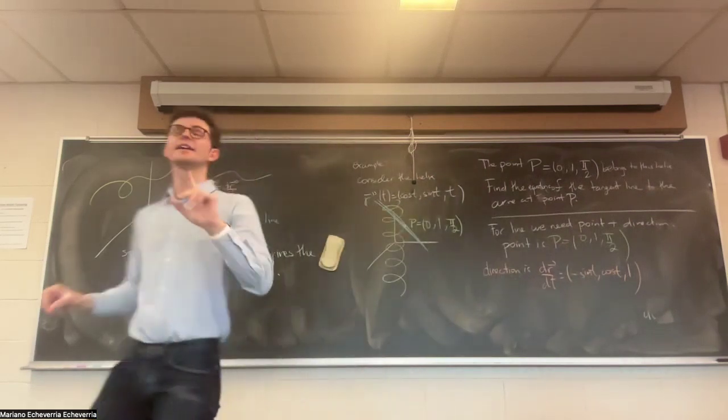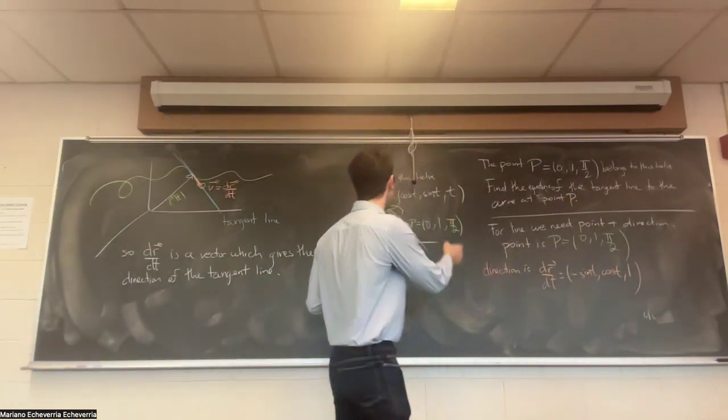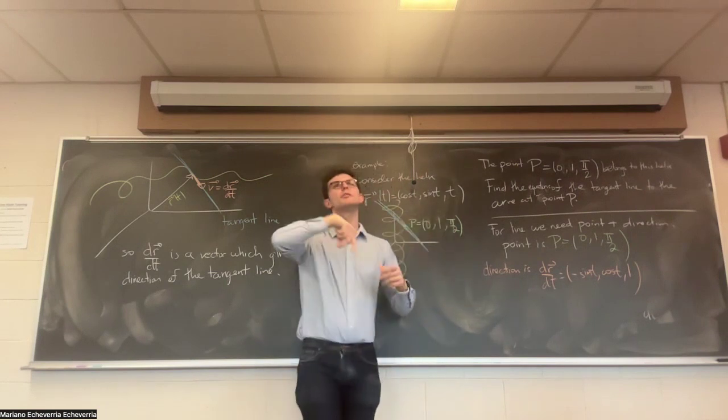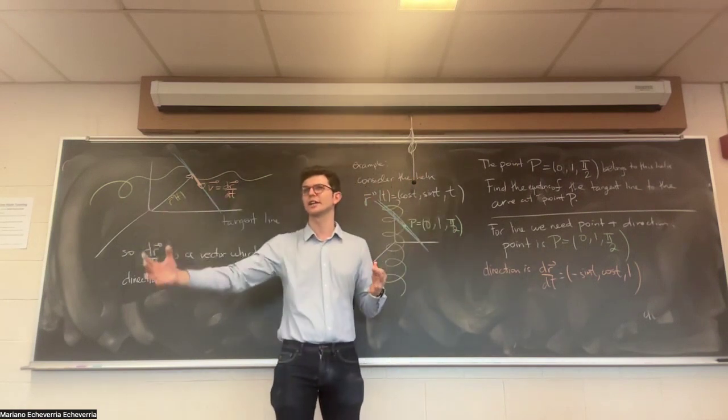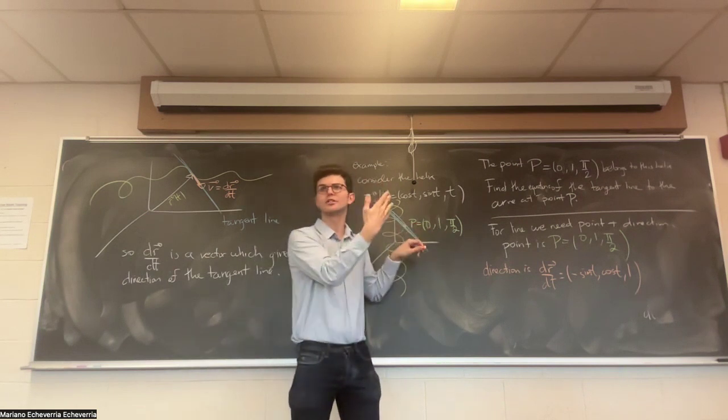That gives you the direction, or the velocity, if you want to think in terms of velocity, at any point on the helix. You don't want the velocity at any random point on the helix. You just want the velocity at this particular point, because that's where you're trying to find the tangent line.